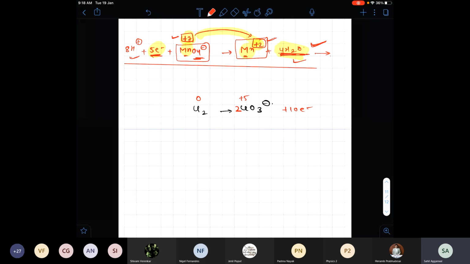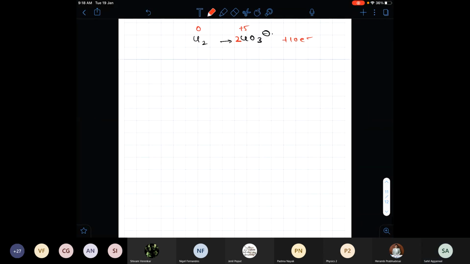Where we have more charge, put 10 electrons on that side only. Now balance the oxygen. How many oxygen do we have to balance? 6 oxygen. For 6 oxygen, 6 water. For 6 water, there will be 12 H plus.